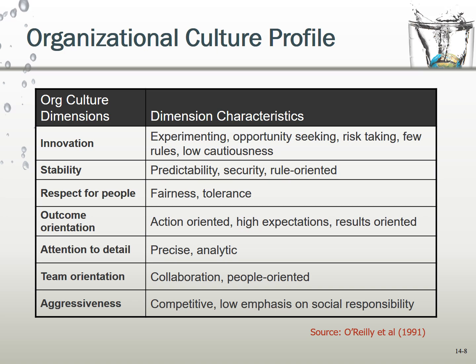The outcome orientation is the action-oriented, high expectations, and results-oriented. Attention to detail would be precise, analytical. Team orientation would be people-oriented and trying to incorporate collaboration and cohesiveness within the group. And aggressiveness: competitive, low emphasis on social responsibility.